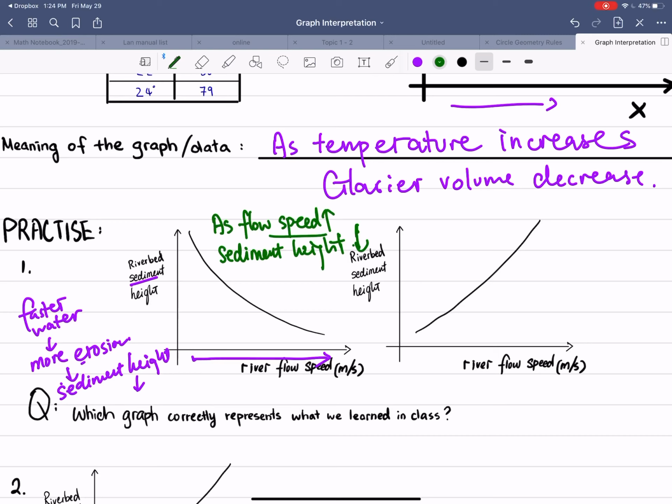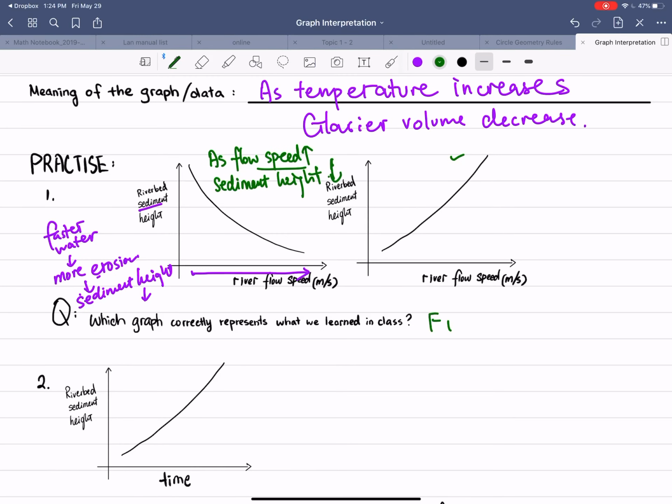As river flow speed increases, more erosion is happening, less sediment height because dirt and sand are carried away. Okay, so this graph is saying as river flow speed increases, river sediment height is decreasing, which is not actually true. So which one is the correct one? This one is the correct one, the first one.